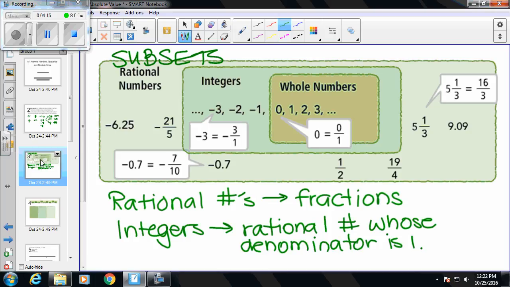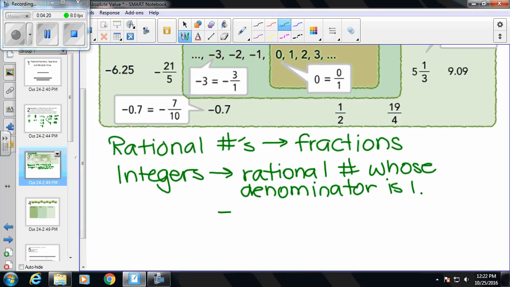These include positive and negative numbers. Okay, so if we look at our examples, negative 3, because I can write it as negative 3 over 1. Negative 2 would be negative 2 over 1. 2 would be 2 over 1. 0 would be 0 over 1.